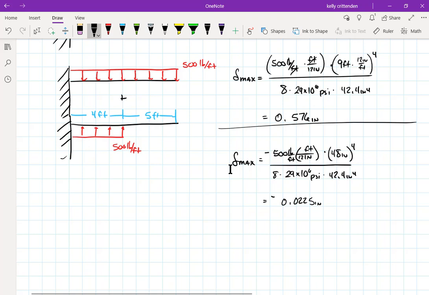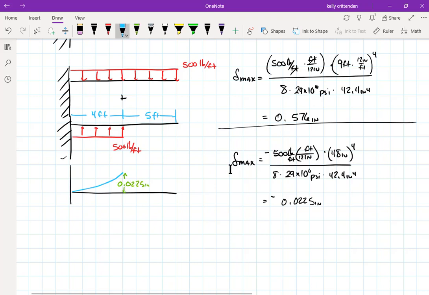That is, I didn't draw this, but that's basically this number. So this little height right here is 0.0225.